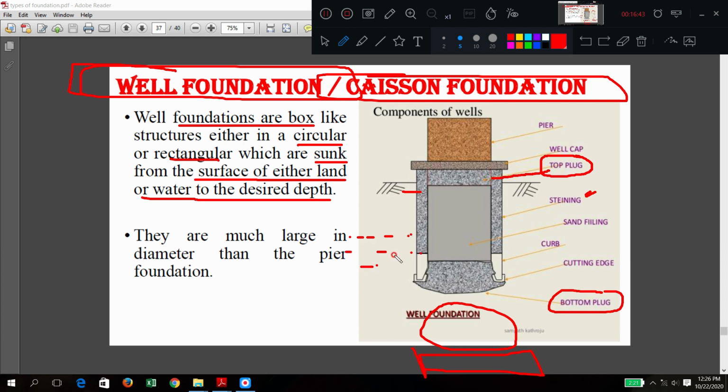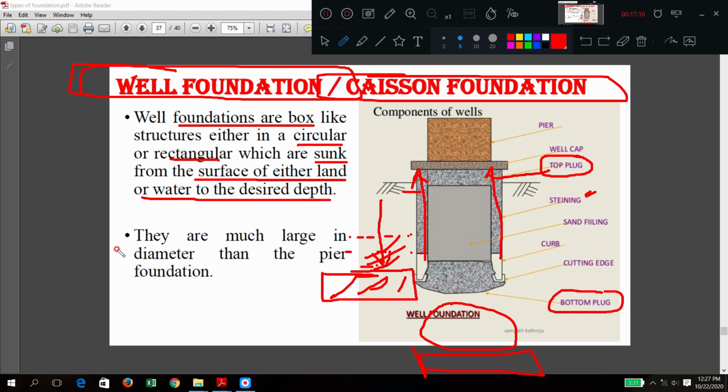But when you go deeper and deeper, beneath the river also there may be firm ground, no. So in the river also you can drill these wells or caissons. The next photo is explaining that only. Well foundations beneath the water also are constructed, and this is taken to the top surface.